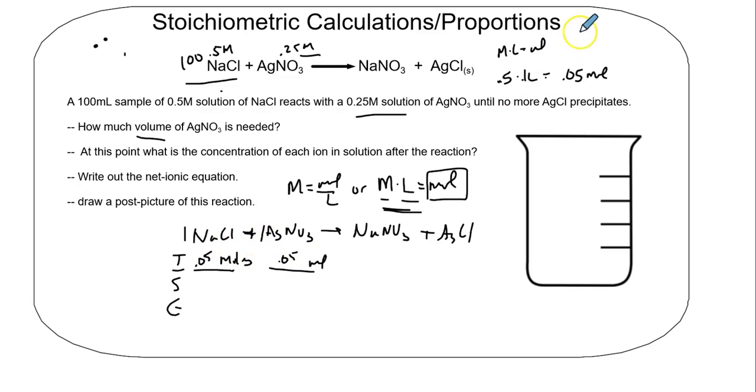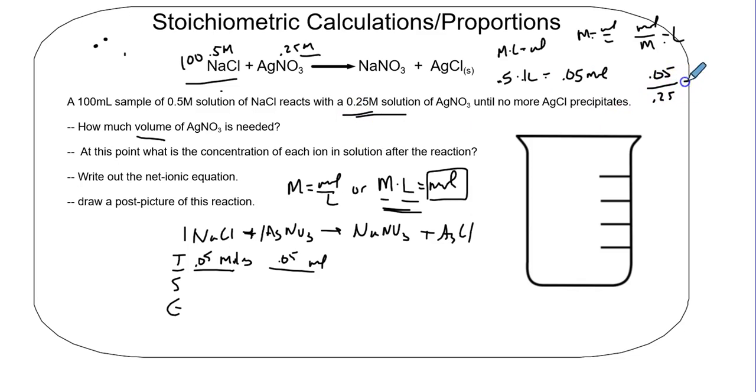So let's do it again here. Molarity is moles per liter, and I want liters. So moles divided by molarity equals liters. Now I have my moles of 0.05, and my molarity is this 0.25.